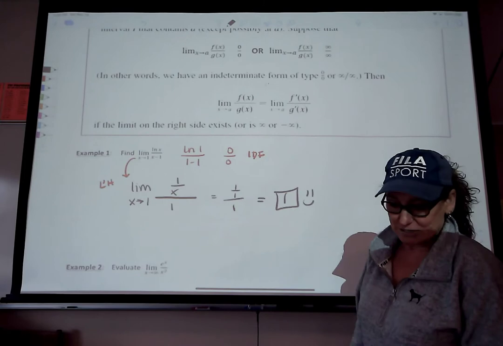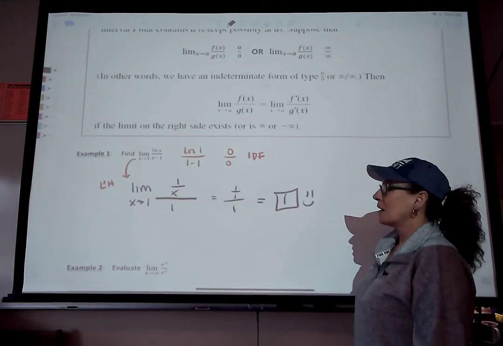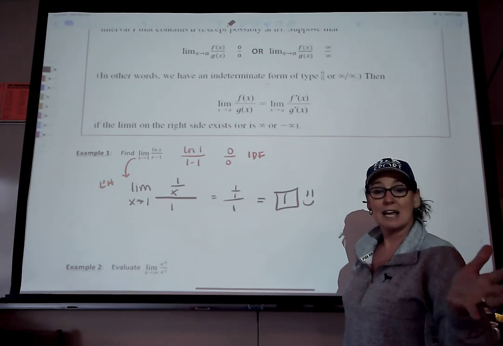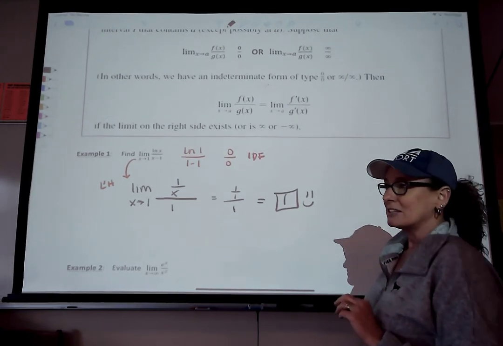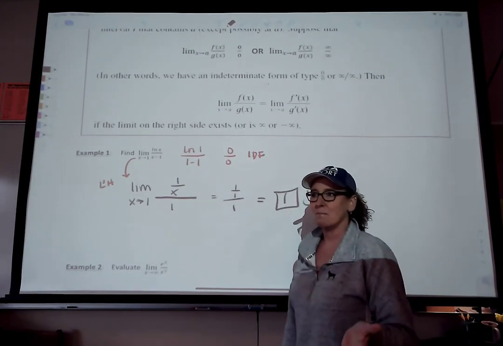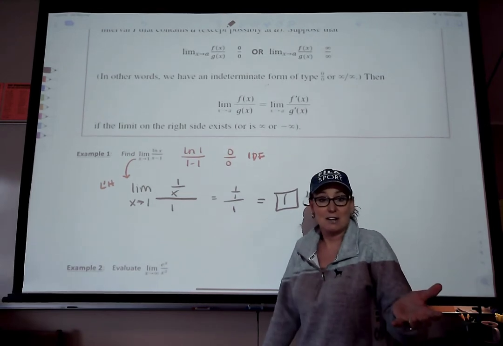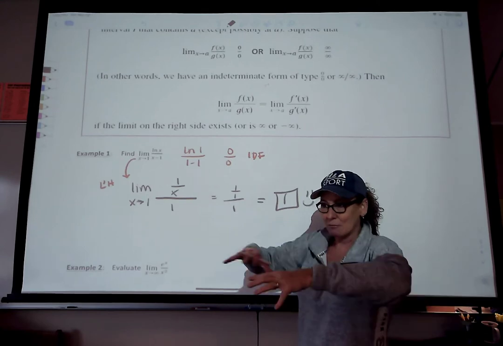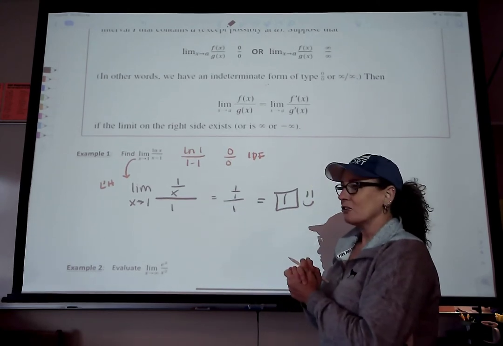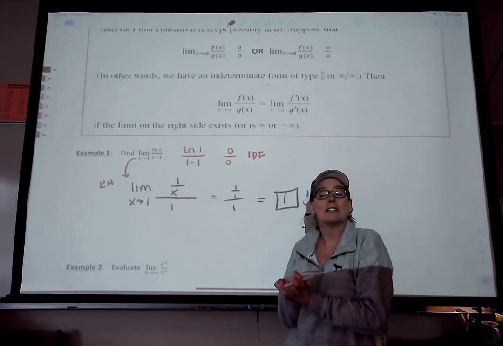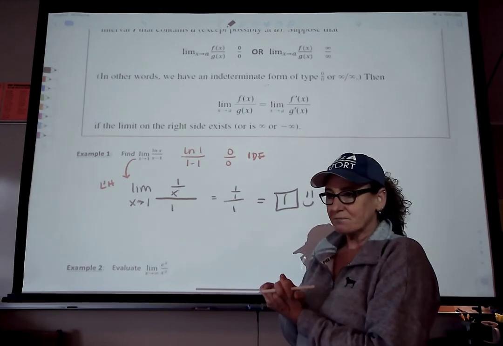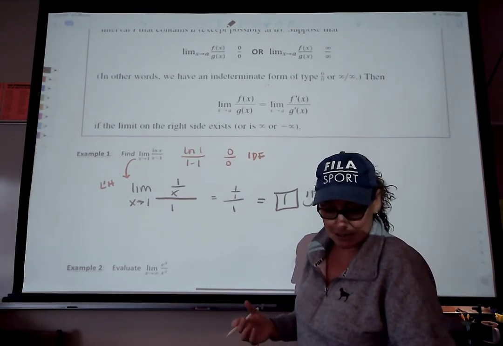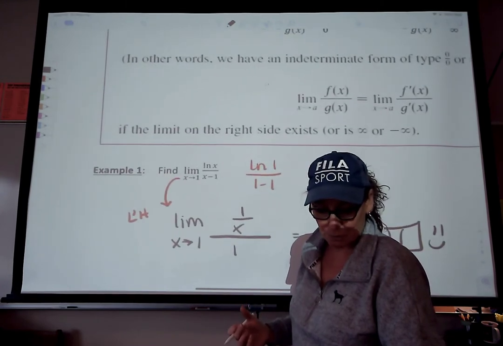Okay, something else I want to point out, and I've just learned this summer. So when I was doing AP grading, I started out grading AB exams, and then we finished early, so my leader of my group session said, hey, let's start grading some BC exams. So I got to grade some BC exams as well. One of the questions on one of the BC exams was L'Hopital's rule.